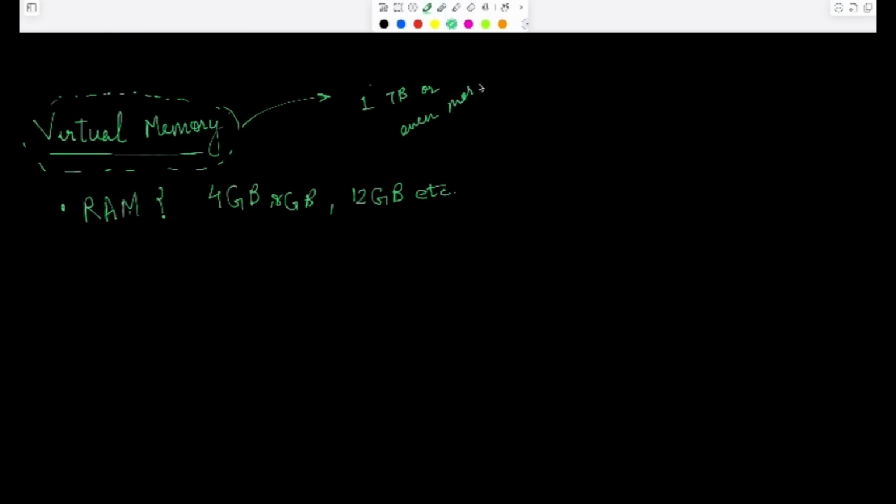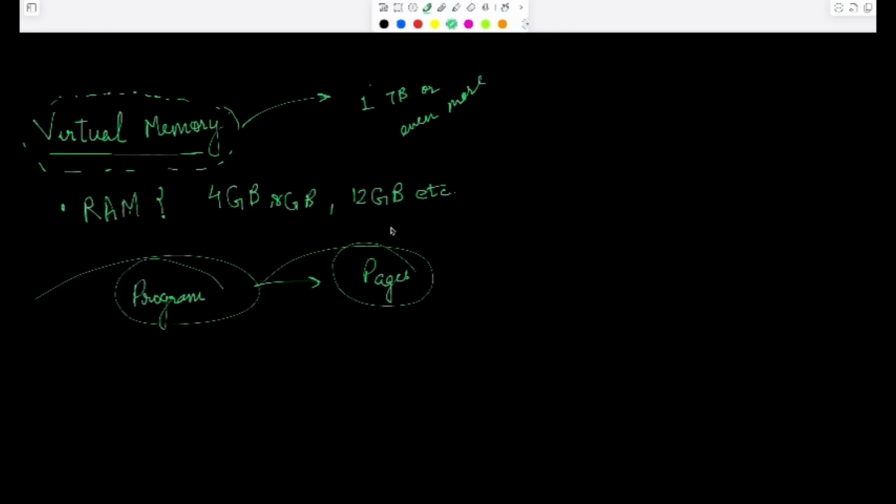Now, why is this? Because when you have a program, a C program written, the memory is divided into pages. Mostly a page size is generally 4 KB, but it can vary. So the program is divided into pages, and RAM is not always supposed to have all the pages readily available.